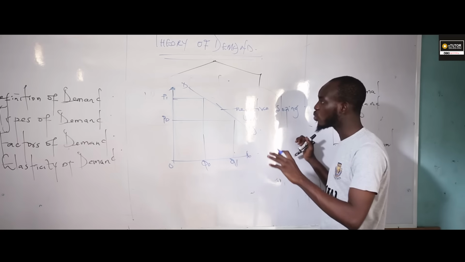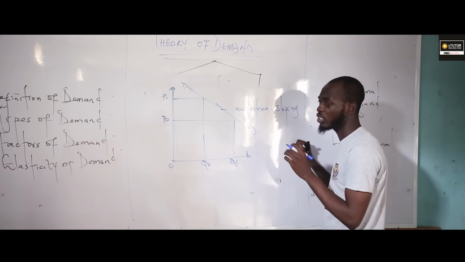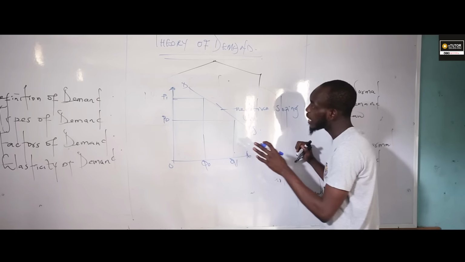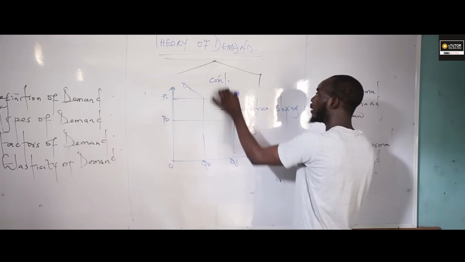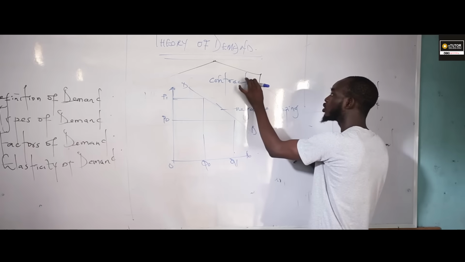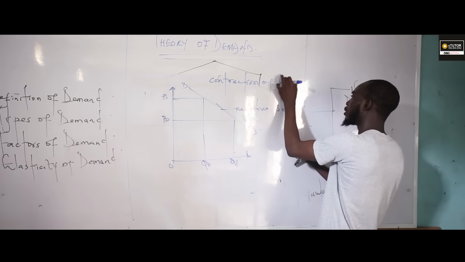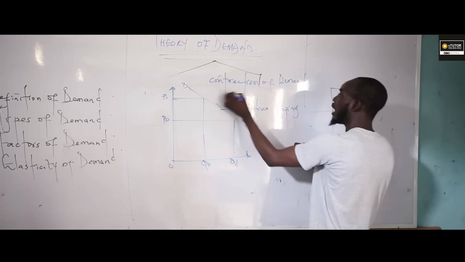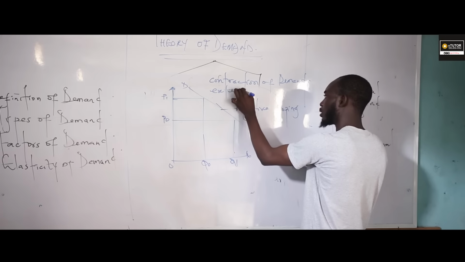Now, before we get to another aspect, there's something I want to explain under this curve. There's what we call contraction of demand and extension of demand.